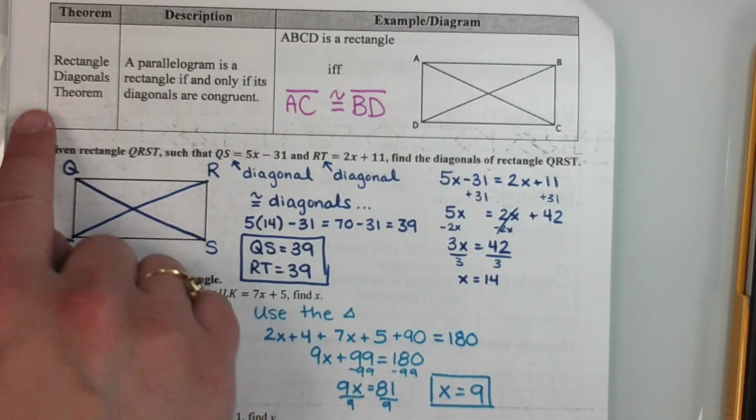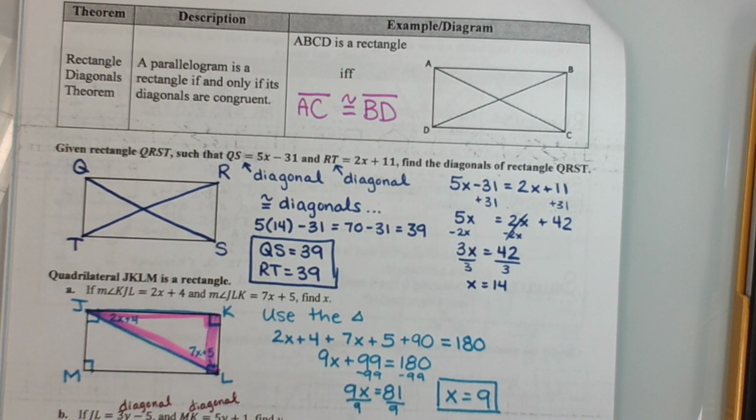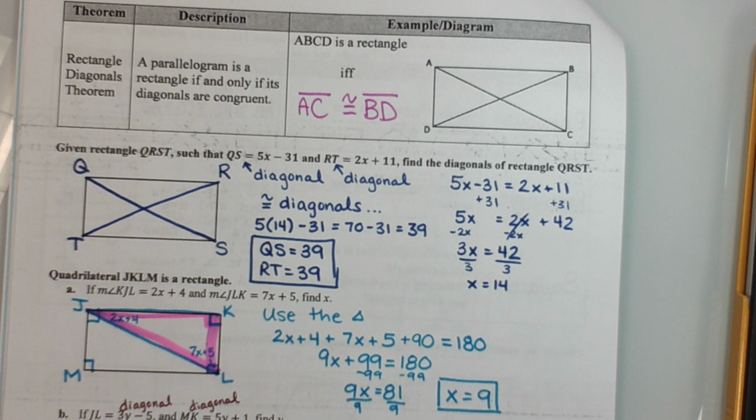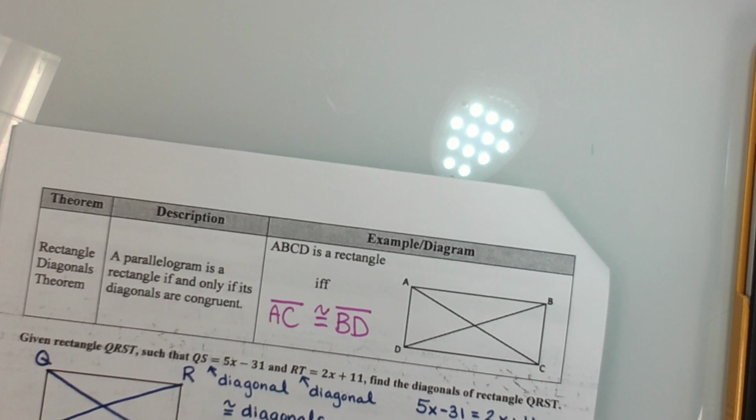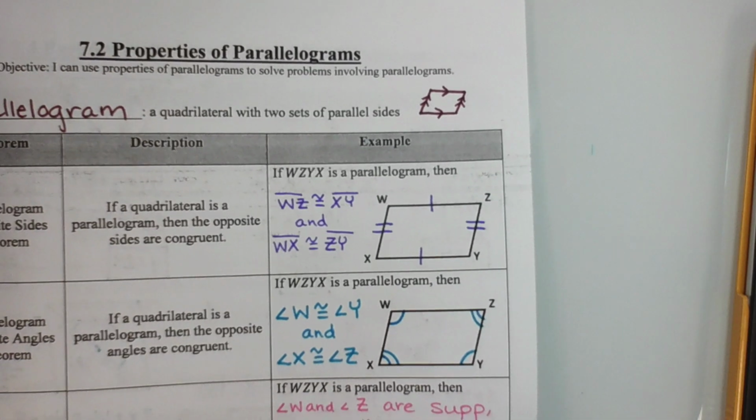We talked about one theorem related to rectangles, and then we did a bunch of solving with it. As we did that, I reminded you that if it is a rectangle, that means it's a parallelogram, so it holds all of those parallelogram theorems as well. So, as we were working with our rectangles, we still used all of this stuff.